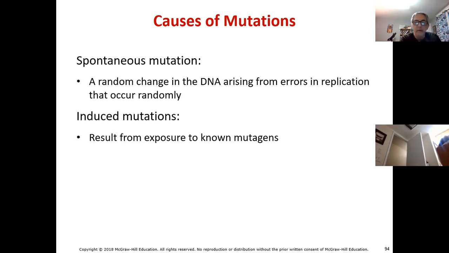Mutations can happen spontaneously, during errors that occur in replication. Various mutagens, these are induced, something like a chemical or physical reaction from the outside that affects the DNA, can cause the mutation.